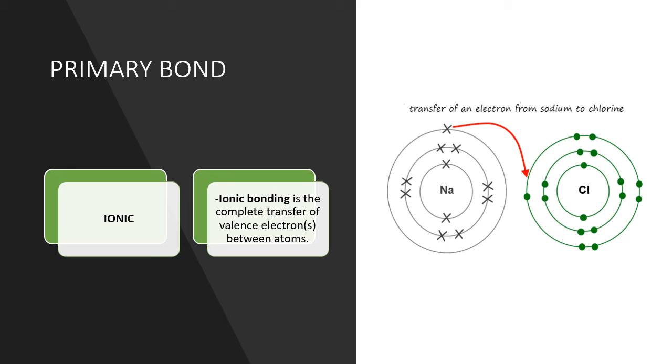In ionic bonds, the metal loses electrons to become a positively charged cation, whereas the nonmetal accepts those electrons to become a negatively charged anion. So we have an example here between sodium and chloride. The sodium loses one electron and gives it to chloride to become more stable.